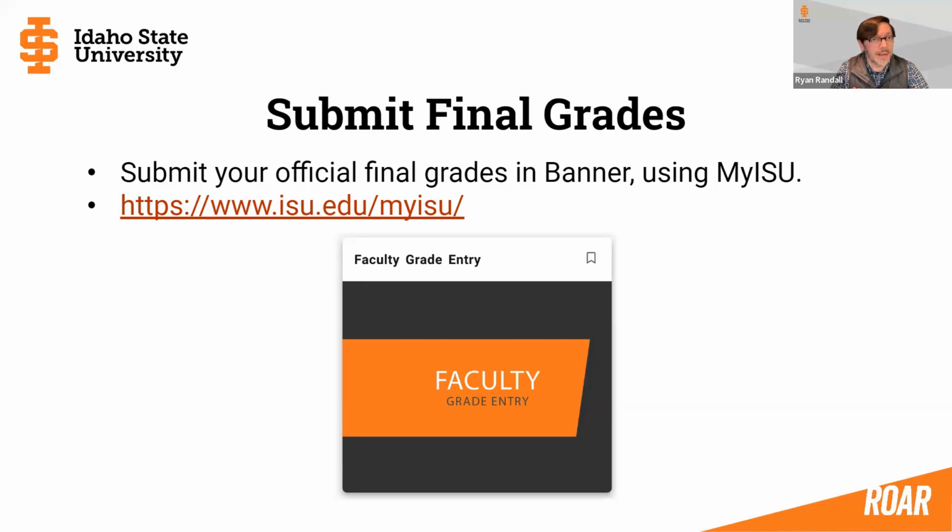It might not be at the top for your initial view, but you can organize it alphabetically and then just look for Faculty Grade Entry. That's what I would suggest as the simplest way to find it if it's not easily findable as soon as you load up My ISU.